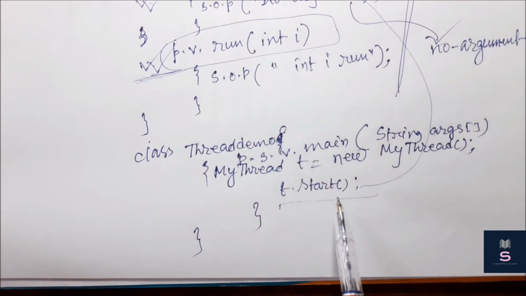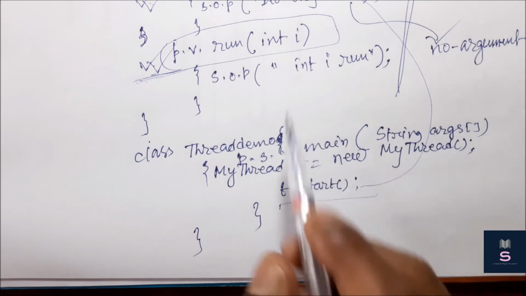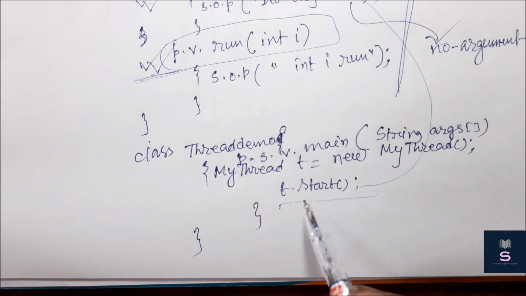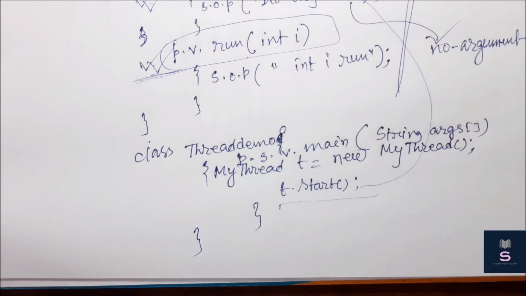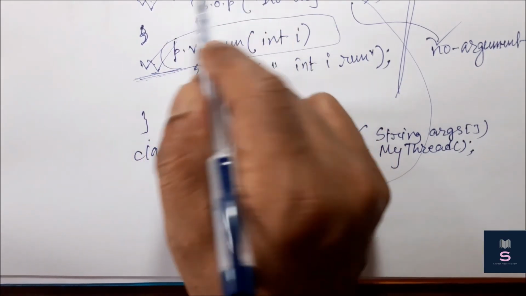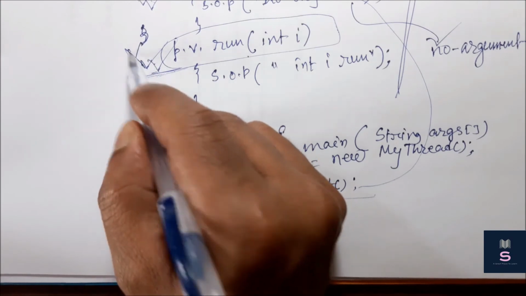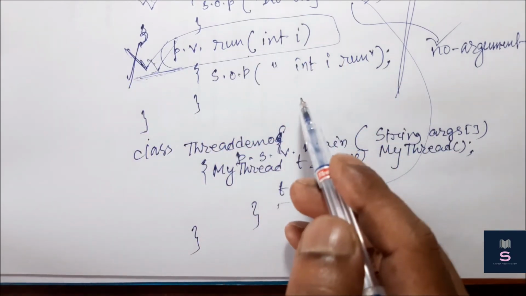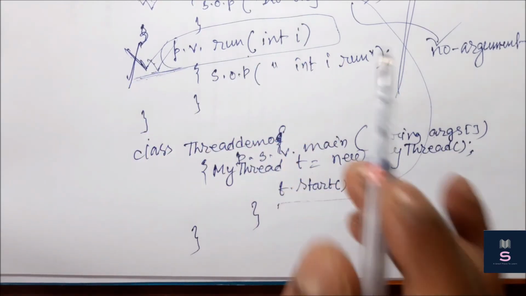But if I call t.run with some int value, then it will automatically call this method, but no separate thread will be created. So overloading is possible, but Thread's start method only calls the no-argument run method. So this method is called, and this method will not be called.